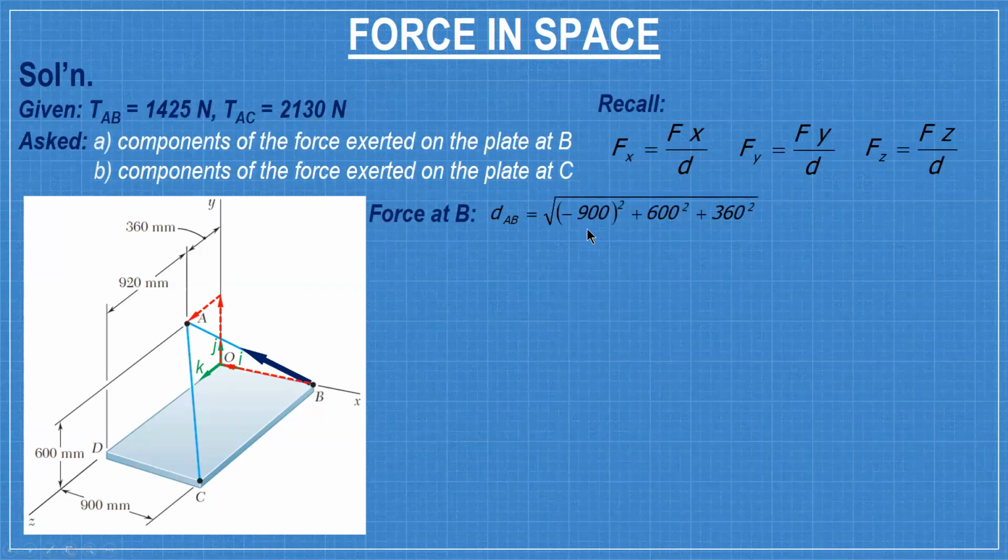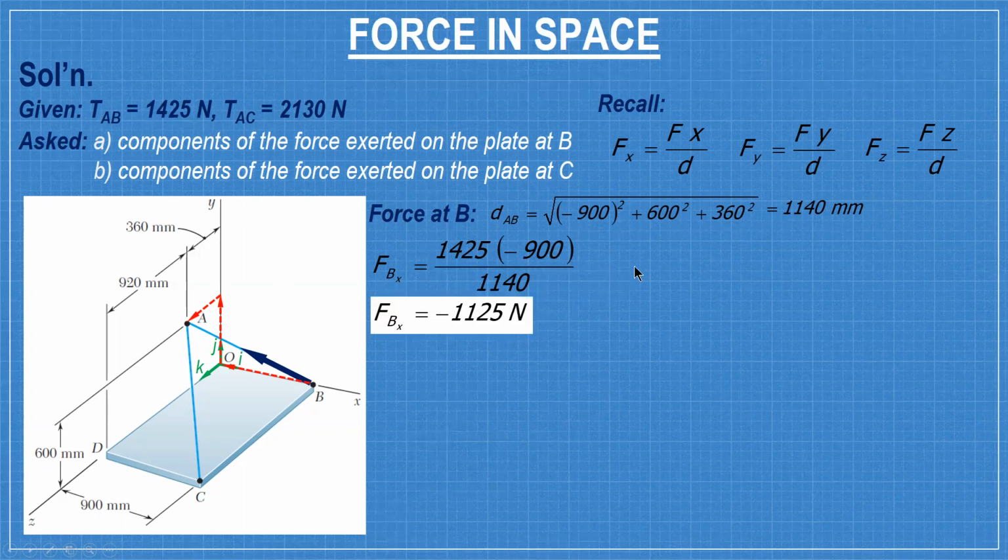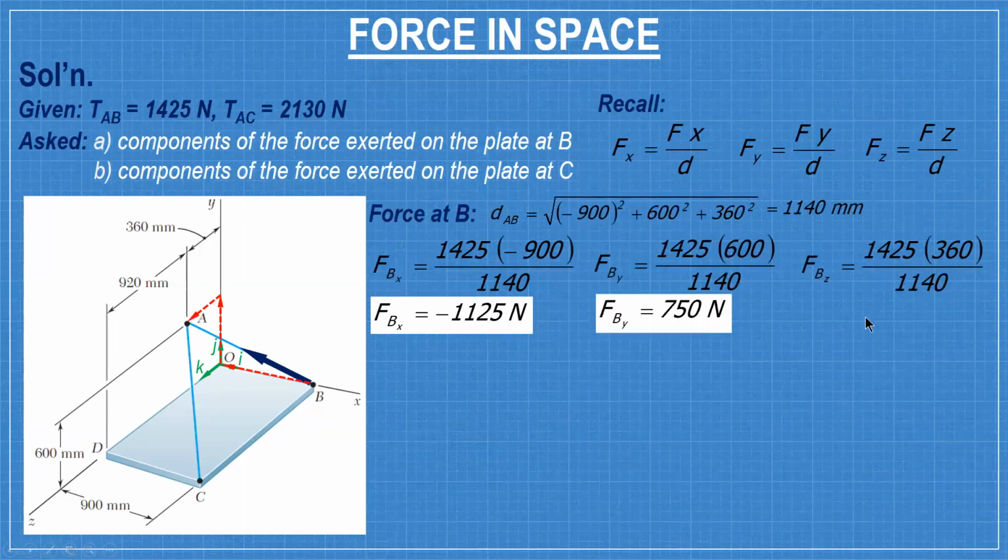The distance of AB has X of negative 900, Y positive 600, Z positive 360. Since the tension in AB is 1425, we take 1425 over the distance, times each component, to get Fx, Fy, and Fz.